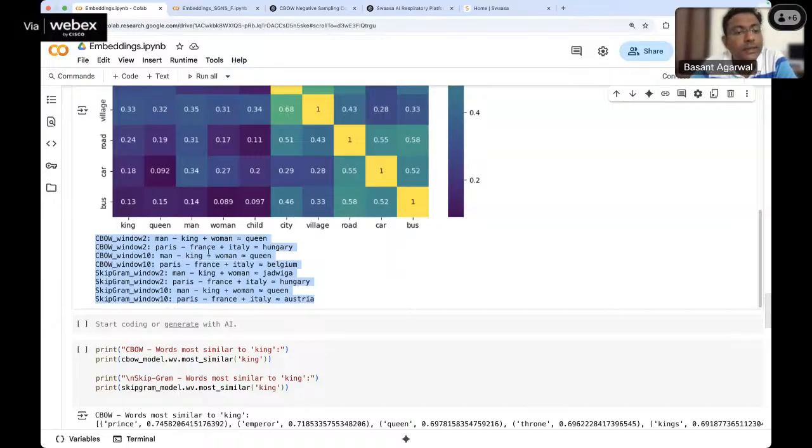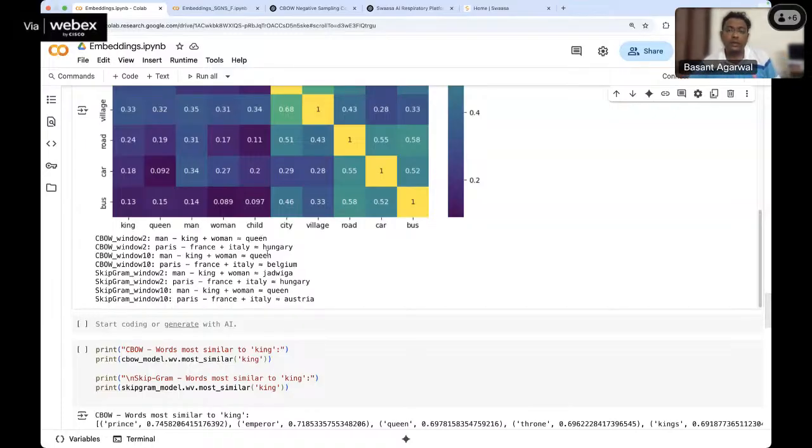So when I run these models, for the CBOW model with context size two, you can see that it gives man minus king plus woman. So this is a vector: the embedding vector of man is subtracted from the embedding vector of king, and then the embedding vector of woman is added. That will be very close to the word vector of queen.